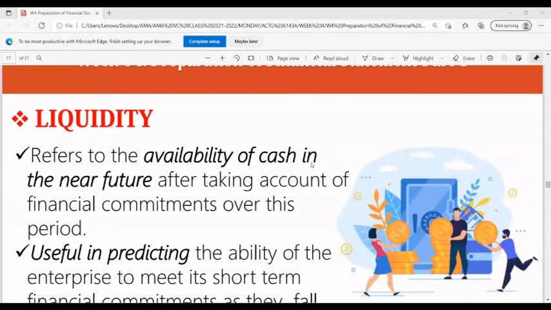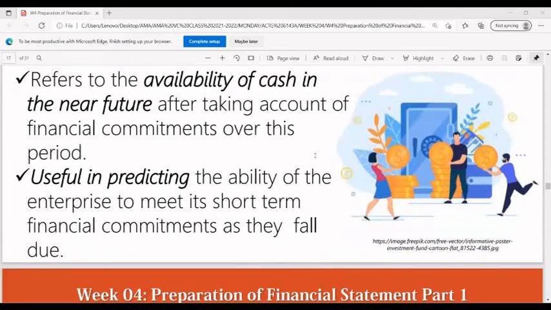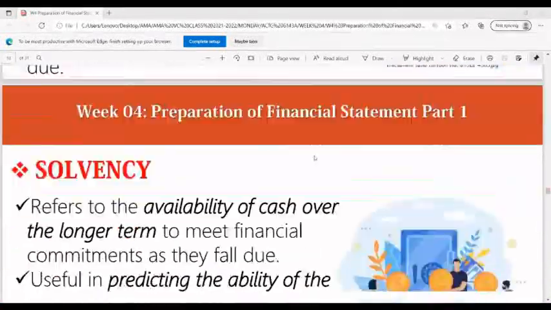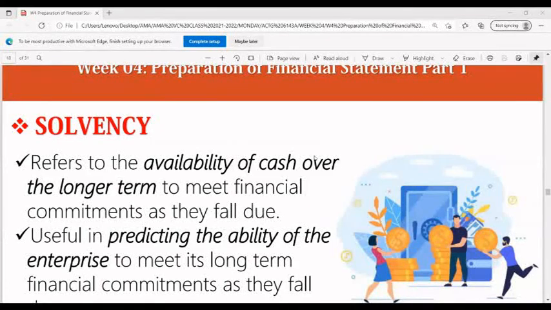Liquidity refers to the availability of cash in the near future after taking account of the financial commitments over this period. It is useful in predicting the ability of the enterprise to meet its short-term financial commitments as they fall due. Solvency refers to the availability of cash over the longer term to meet financial commitments as they fall due.